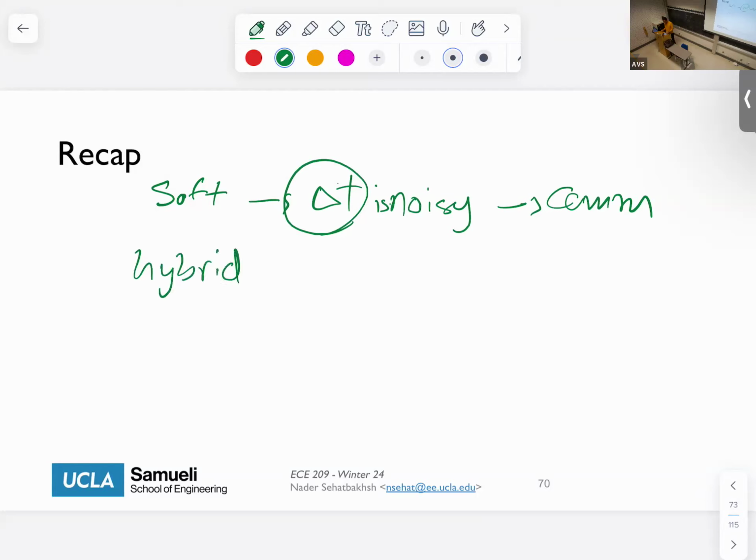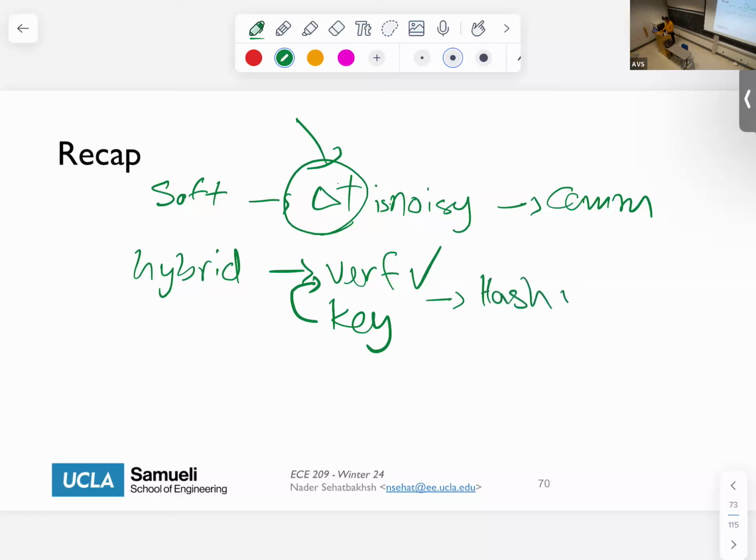The idea of hybrid is that I trust the verification code because I put it into ROM. I also add a key, and it only allows the key to be accessed by the verification code and nothing else. And the combination of these two means that I can compute the results reliably on the device itself. I no longer need to rely on the time. I can make sure that whatever hash function this computes is indeed correct.